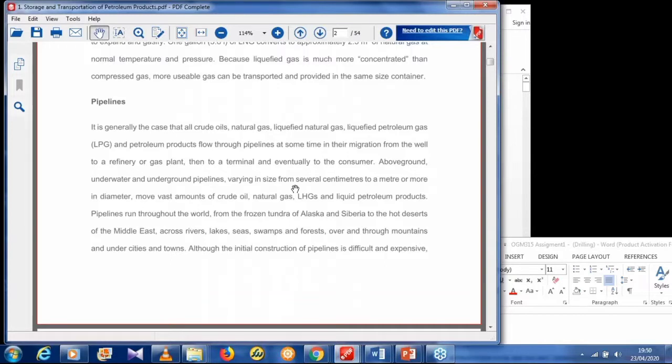Some of you that come from the Niger Delta will be conversant with pipeline vandalization. Some of these underground pipes are located by some hoodlums, and once they get access, they vandalize them to scoop some of these products from the lines, and it's a very risky procedure.